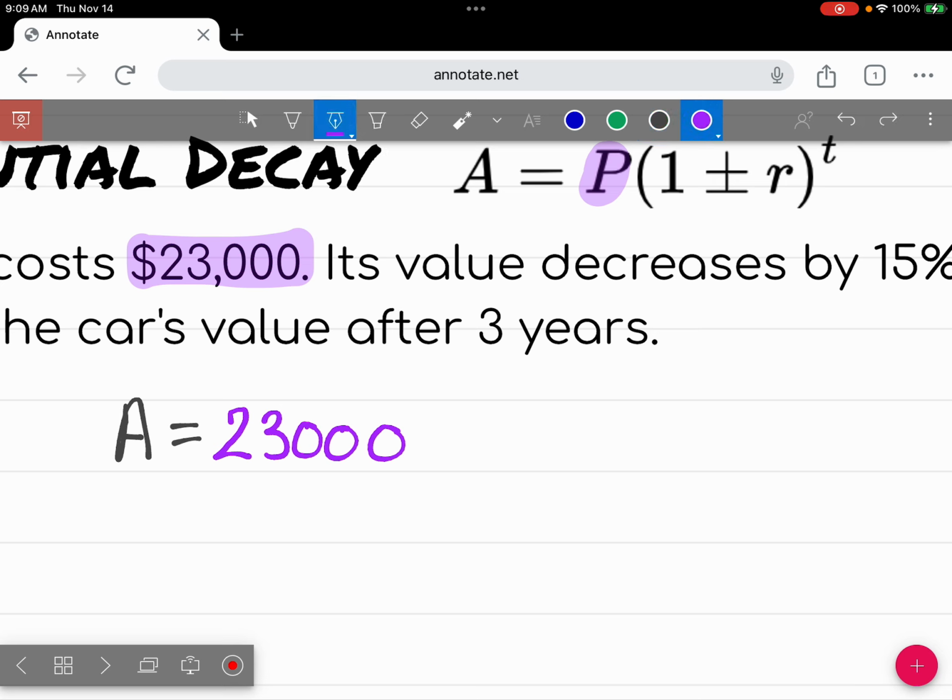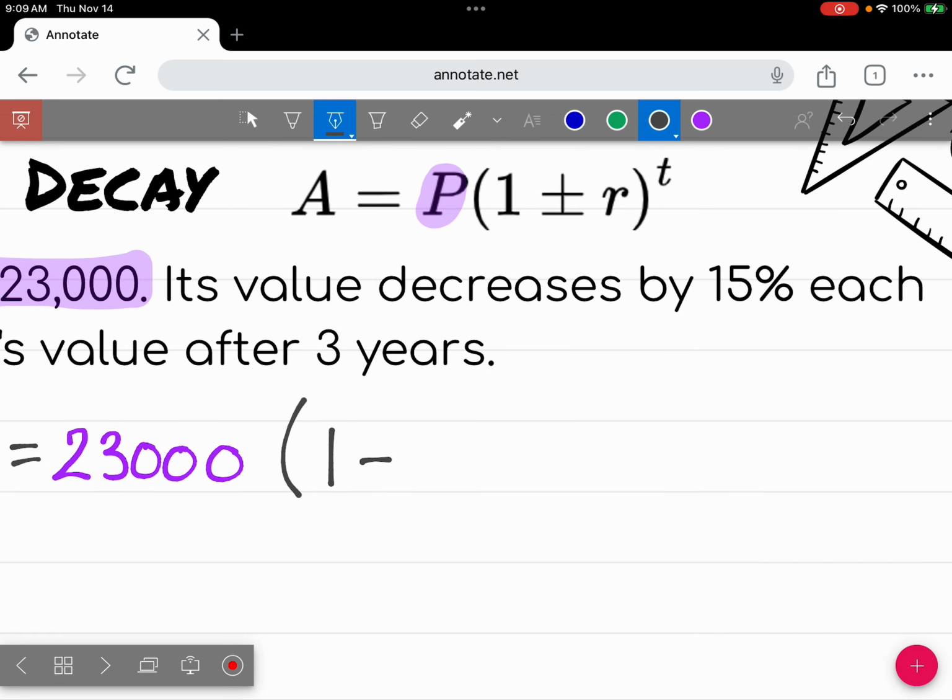Then we're going to have our 1 minus, because it's losing value, our 15%, but as a decimal, so our 0.15, to the power of 3.